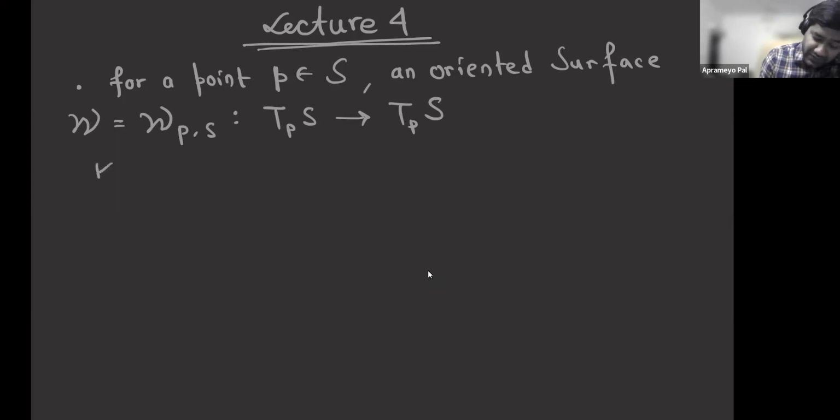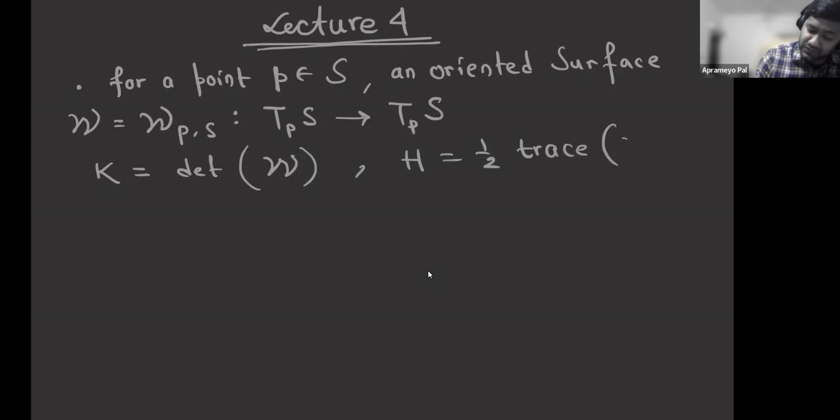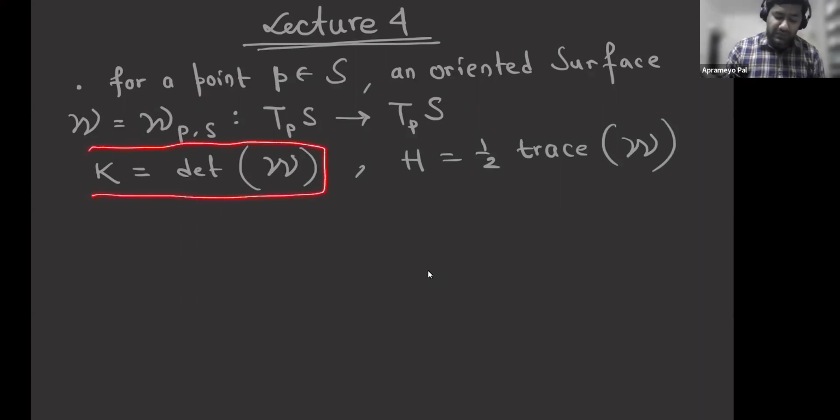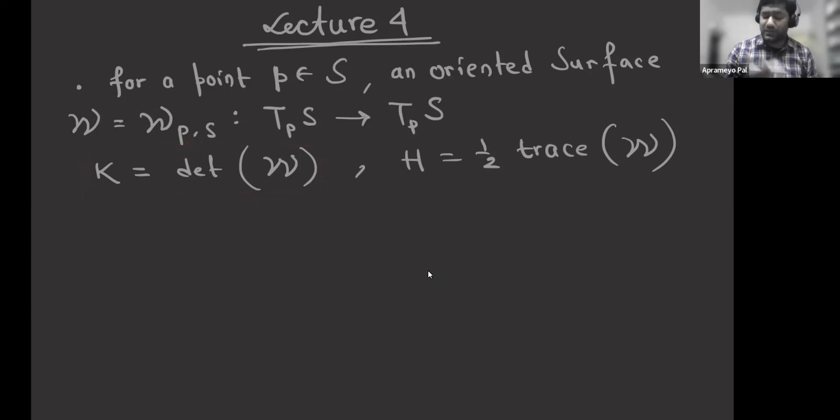So we have defined the Gaussian curvature as the determinant of the Weingarten map and the mean curvature as half of the trace of the Weingarten map. We can do this because it is a linear map on a vector space. Once you have a linear map, you can define a matrix associated to some basis.